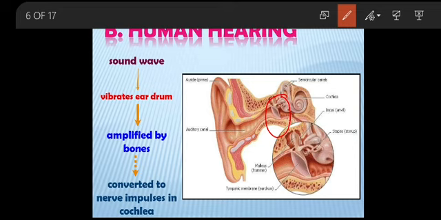This is the eardrum. The sound waves will be produced whenever there is vibration, as we saw in the previous slide. So, when I speak, through the air molecules the sound will travel and then reach the eardrum present in the ear. The eardrum is nothing but a stretched muscular sheet.